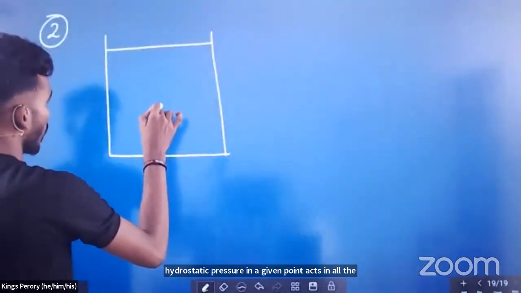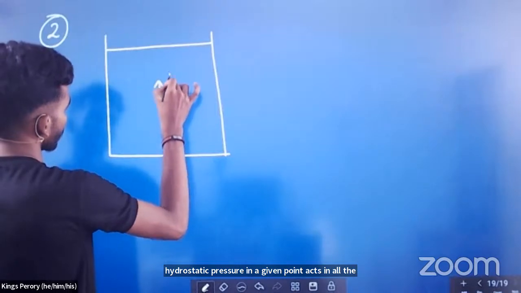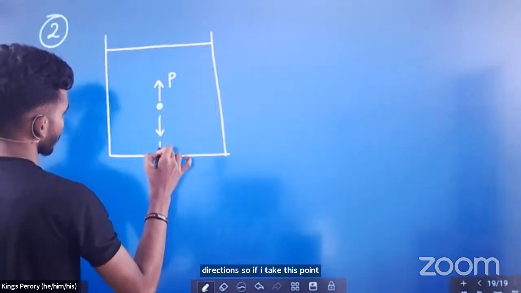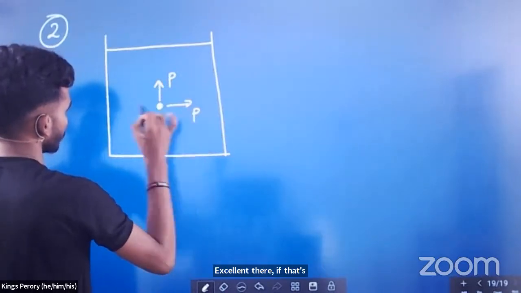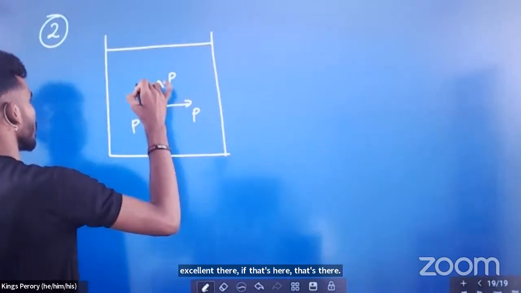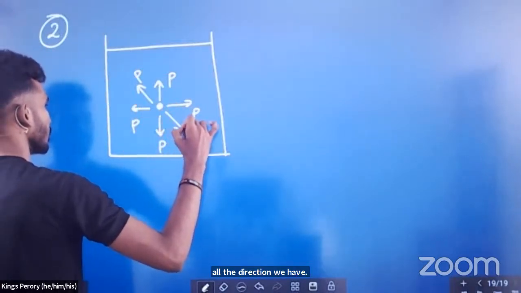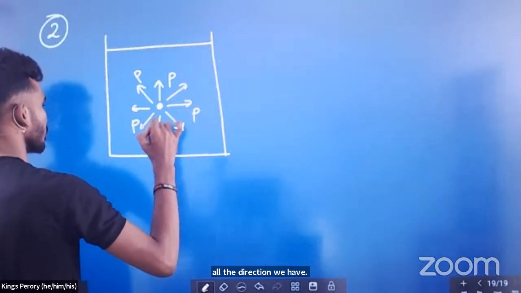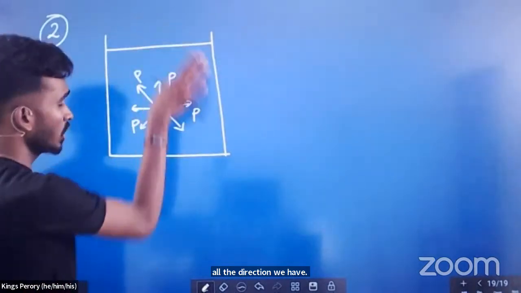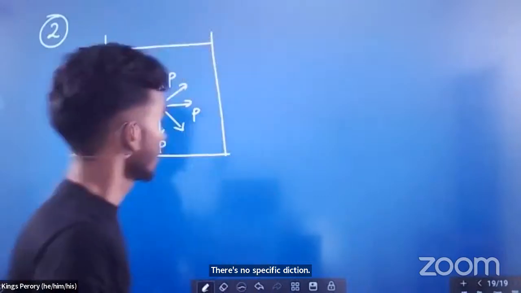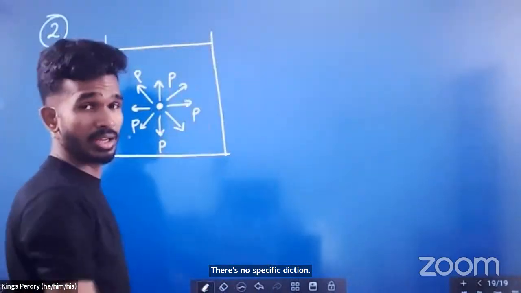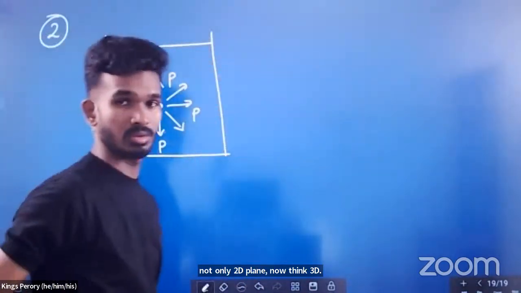So if I take this point, from this point hydrostatic pressure acts there, it acts here, it acts there. All the directions you have. There is no specific direction. Not only the 2D plane, now think 3D. Front, behind, think of this like a sphere.